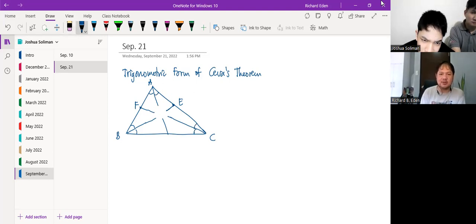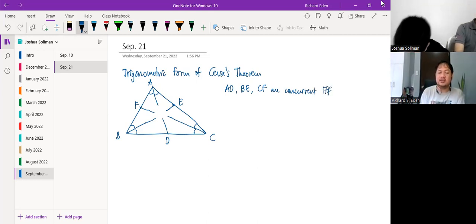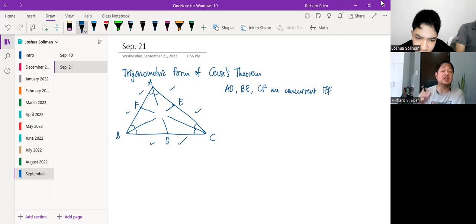And the trigonometric form says the following: AD, BE, and CF are concurrent if and only if... So just like with Ceva's theorem, you look at these six segments and you form three ratios. It doesn't matter where you start.